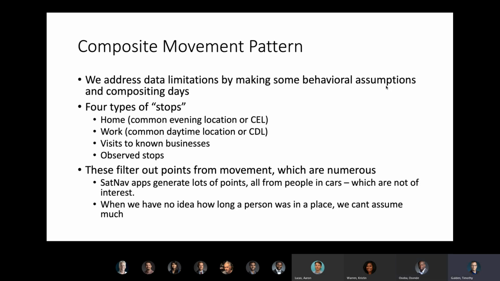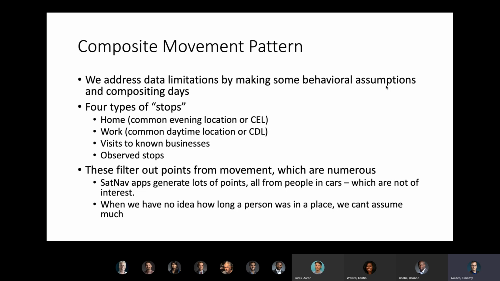We really only want to know when somebody is stopped somewhere that's not a road. And then we want to work out when people are stopped near each other. That turns out to be tricky, but we can do it. And so we work out four kinds of stops. One, the common evening location, home and work, which we can get.